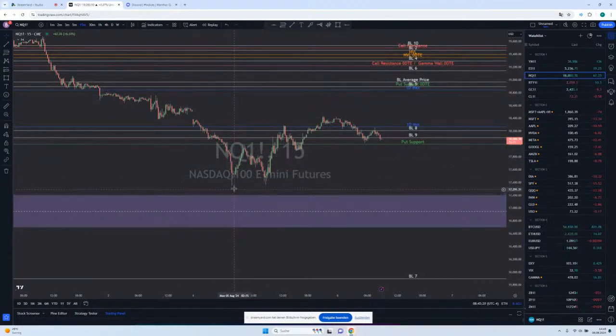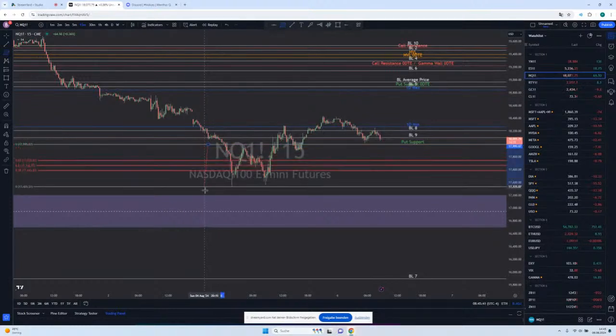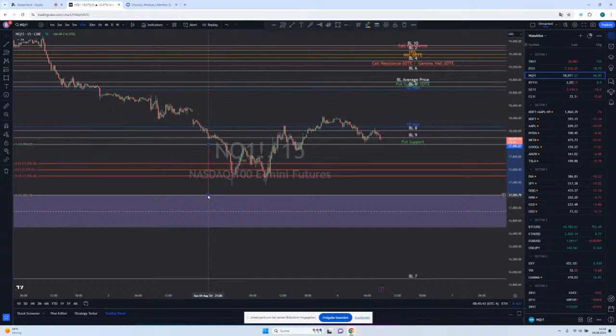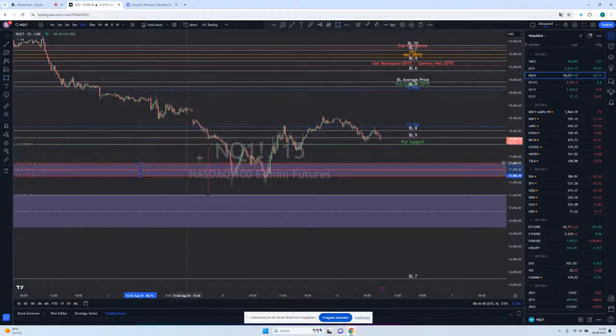But if I see that this does not happen, and we get this before, then I have a nice and good point to predict something different. Now I can say, okay, let's draw the Fibonacci from put support to this area, and look at this, what I can map out now for a price area.